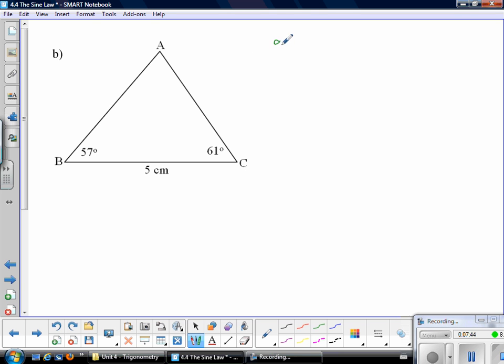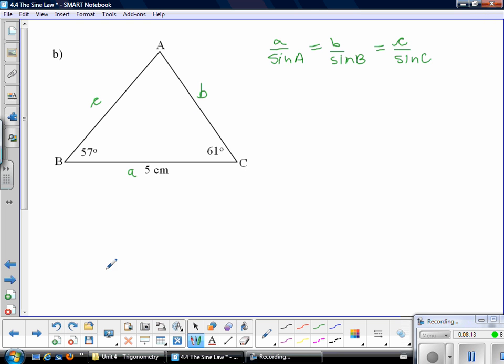So we would have A over the sine of A equals B over the sine of B equals C over the sine of C. And just to make sure that I don't get confused on my triangle, I am actually going to label my sides according to my angles so that I am all set up to work.